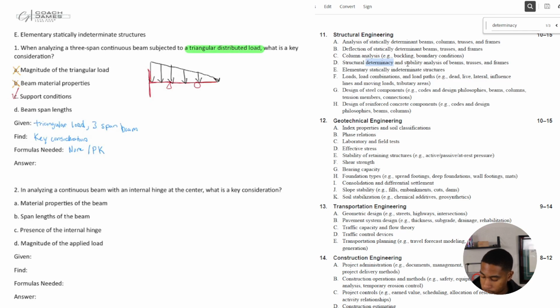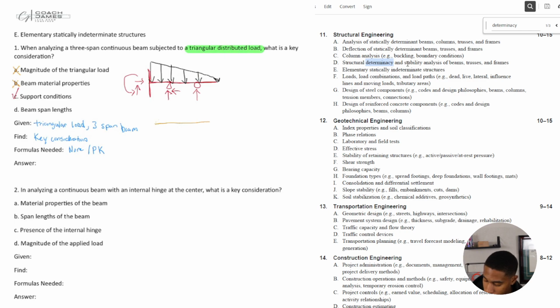So what is a support condition? It's whether you have a pin and a roller like we do here and a fixed support, which I'm just drawing my reactions for each of the supports.